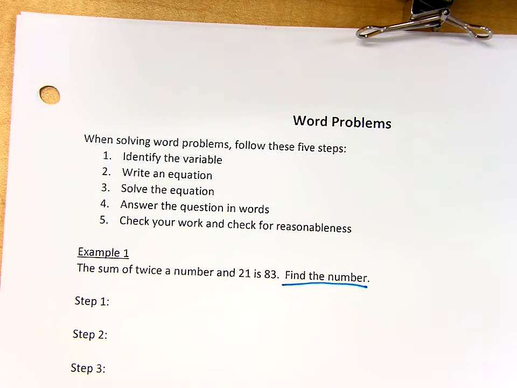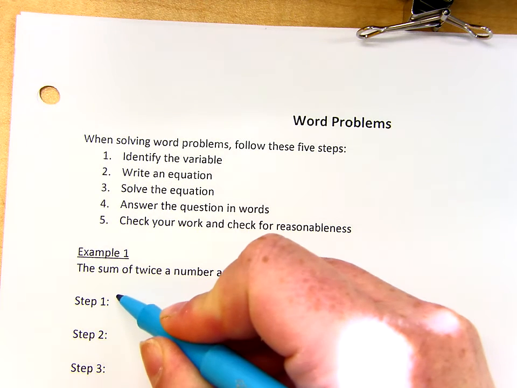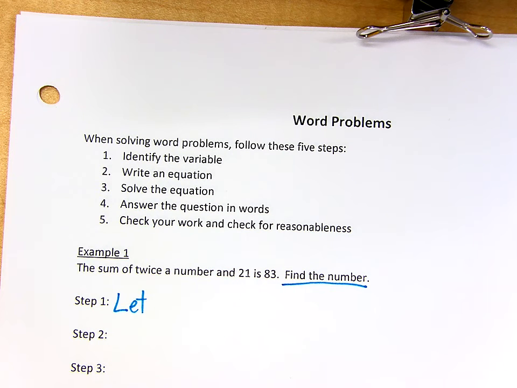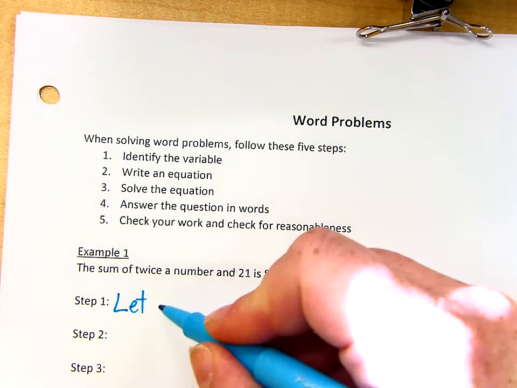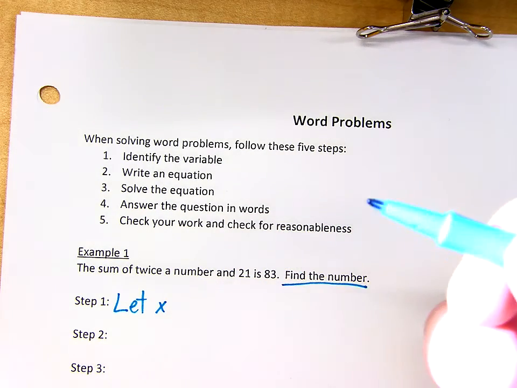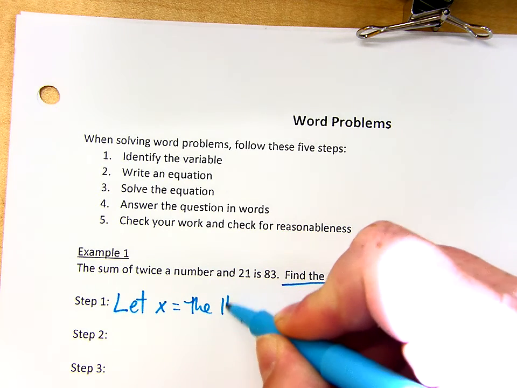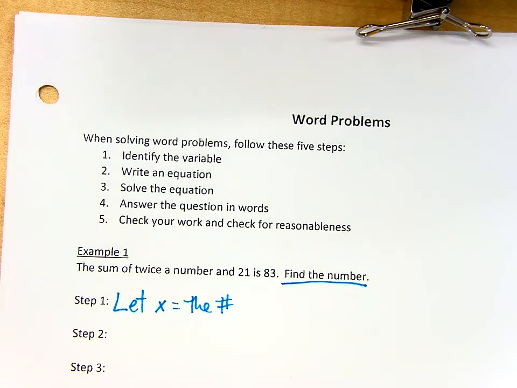I don't know what it is, so I write what letter I want to be the variable. You can pick whatever you want. I almost always use X, but you could use what you want. Let X equal the number. That's what I'm trying to find. So I go ahead and write it down. X is going to be the number, whatever this number is. Right now I don't know it, but I'm going to figure it out.